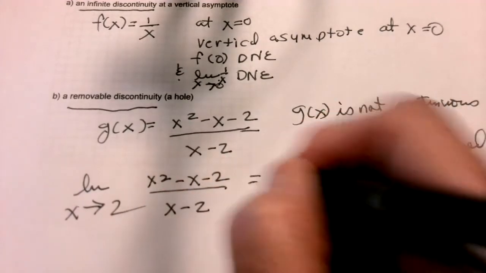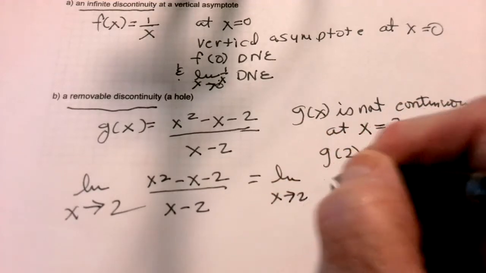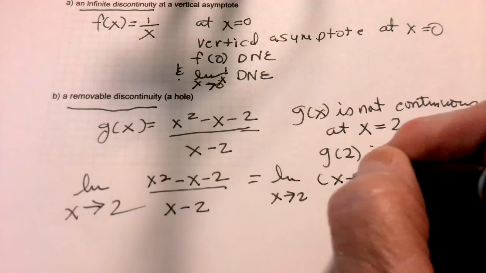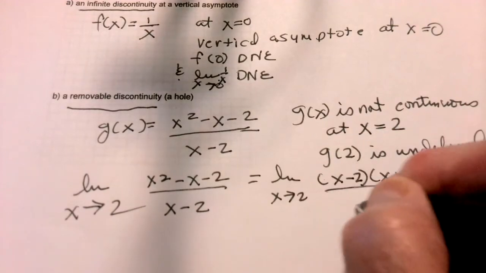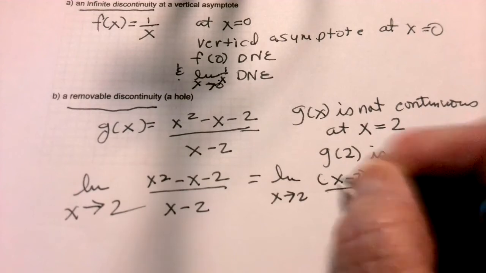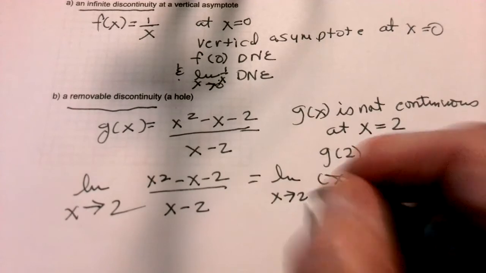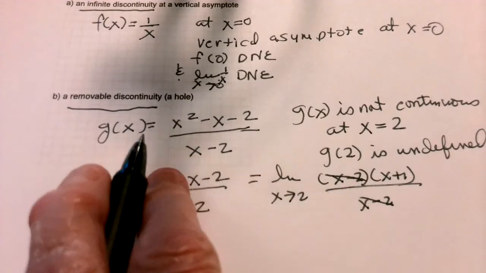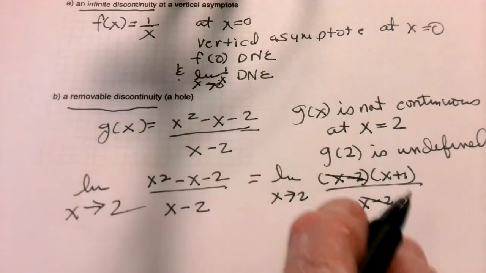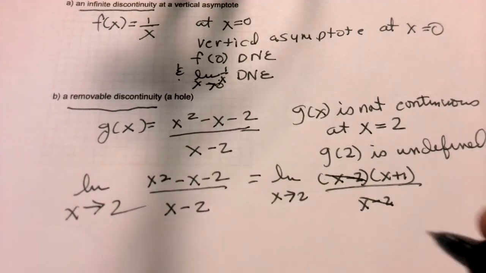And then I'm going to factor the numerator, and it factors into x minus 2 times x plus 1. And then we've got x minus 2 in the denominator. And so I'm going to cross this out, because I know that when I'm taking a limit, x is approaching 2. Normally this function is not equal to this function when I cross things out. It is when x isn't 2.